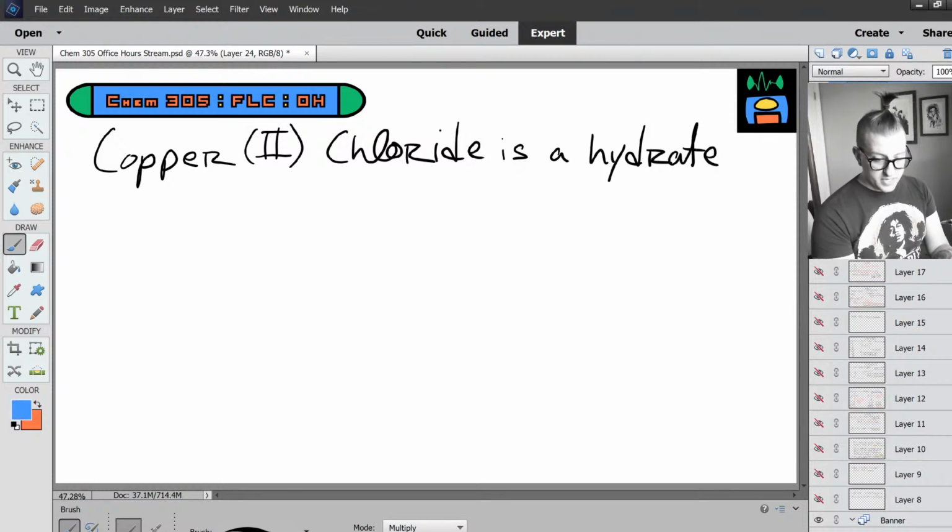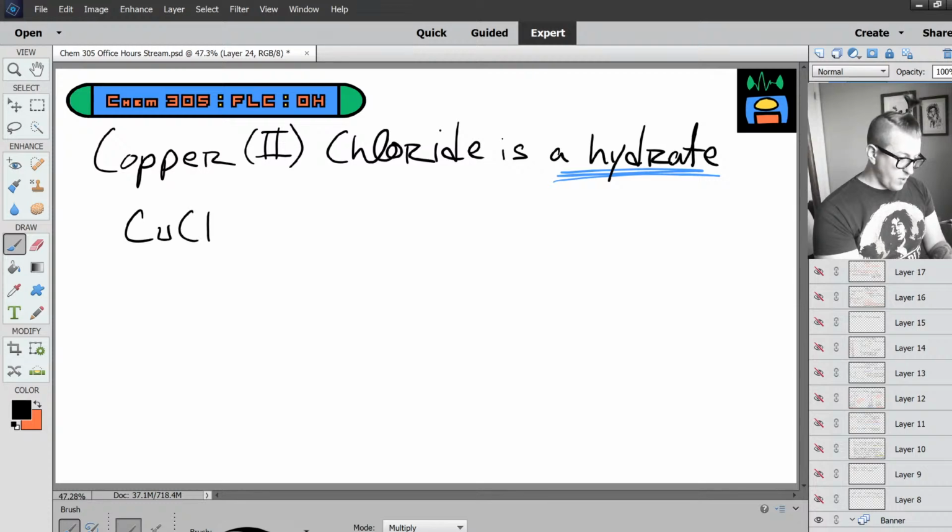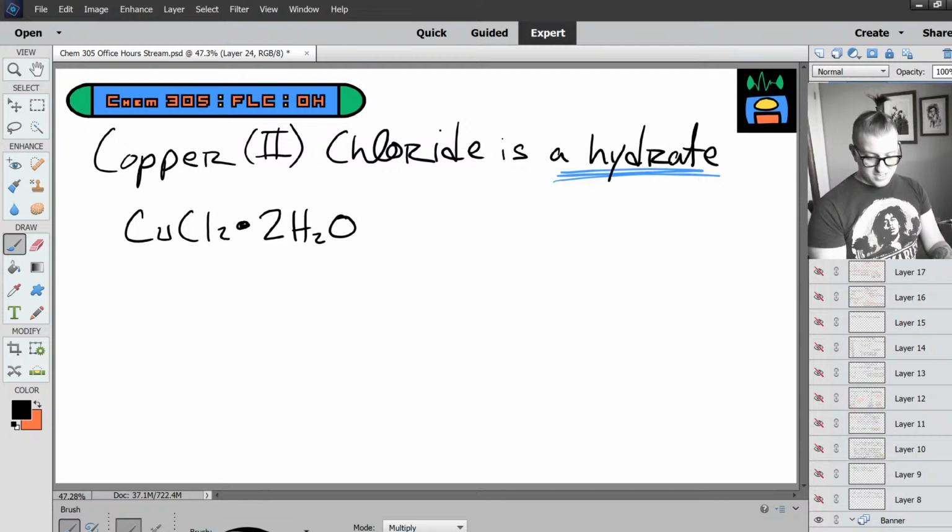You remember we dealt with hydrates in lab 4. So outside of solution, when you weigh it out, when you have copper 2 chloride in lab, it's actually 1 copper atom, 2 chloride atoms, and then there are 2 water molecules stuck to the copper 2 chloride.